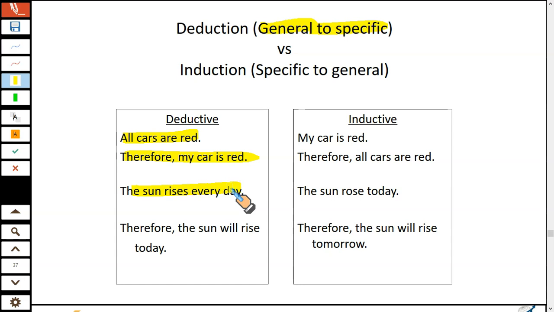General to specific. Therefore, the sun will rise today. So in deductive analysis, we will establish an idea or principle and then we will test it. And then based upon this idea and principle, we will be able to draw a conclusion or reach a specific point in decision making.